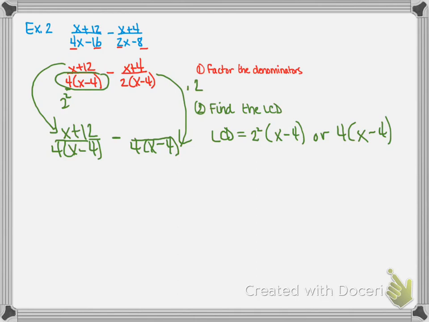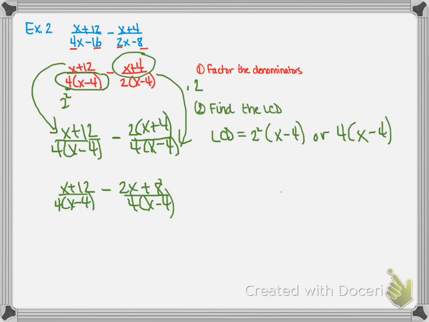Times 2. So I'm going to multiply my old numerator by 2. So instead of x plus 4, I have 2 times x plus 4. Let's simplify that. In the first fraction, there's nothing to simplify right now. And then I have minus 2 times x is 2x, 2 times 4 is 8. So I have 2x plus 8 over 4 times x minus 4.